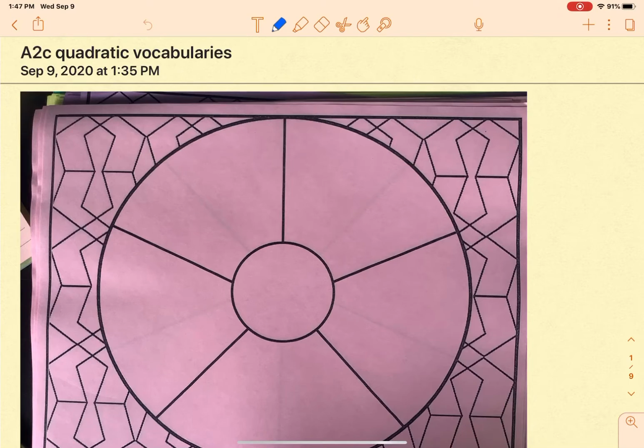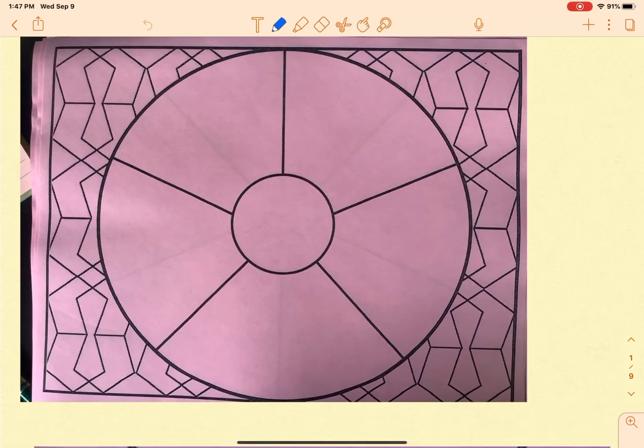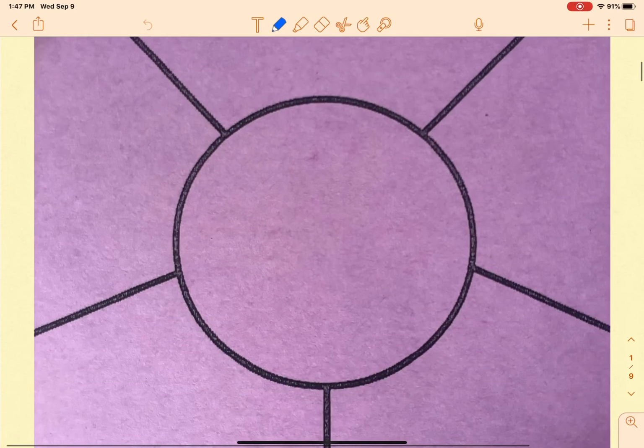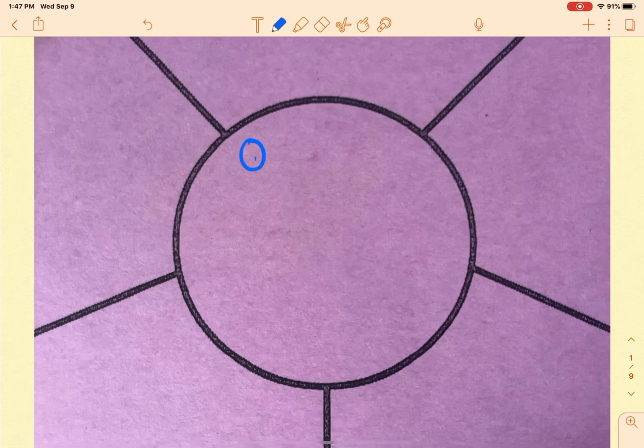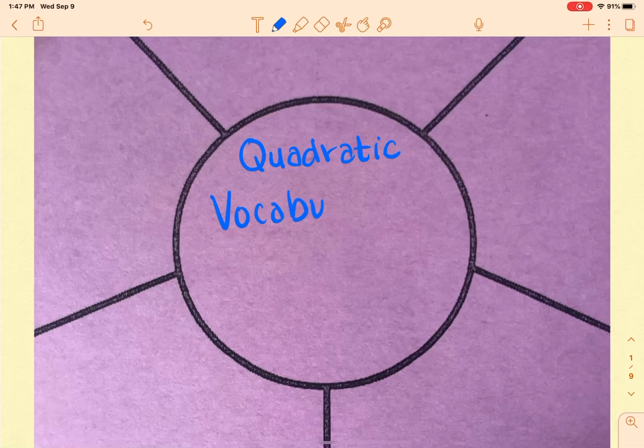So first of all, this is one of the templates that I have, and I'm going to start out by filling in the middle. Remember, this is going to be what our topic is. So we're going to do quadratic vocabulary and features.